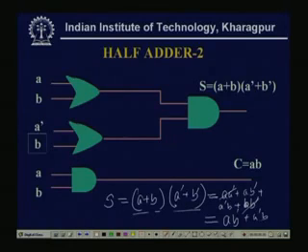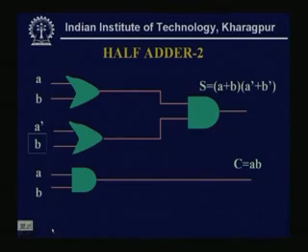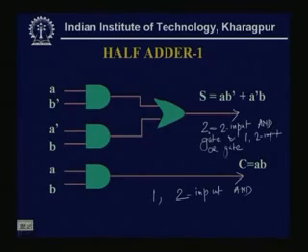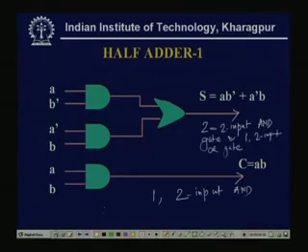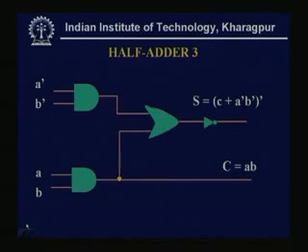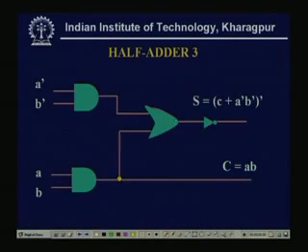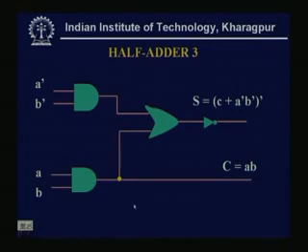Means again this is one AND gate, 2 OR gates, which is the reverse of the previous one. In the previous circuit it was 2 input AND gates and one 2 input OR gate. Now I am realizing this by 2 input OR gates and one 2 input AND gate.